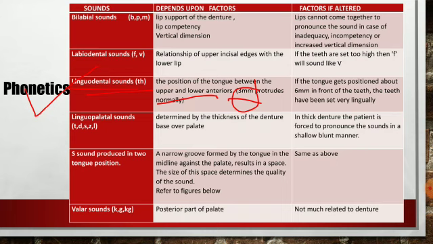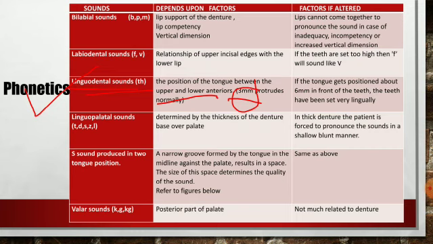Or if the patient pronounces them, those sounds are not sharp. Sounds become blunt and shallow, because the thickness of the denture in the palate area is more. The space between the tongue and palate decreases because of the over thickness of the denture. So in this case, what we need to do is maintain the thickness of the denture in the palate area.